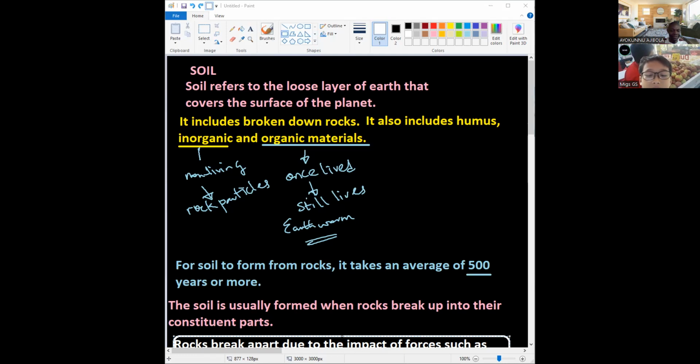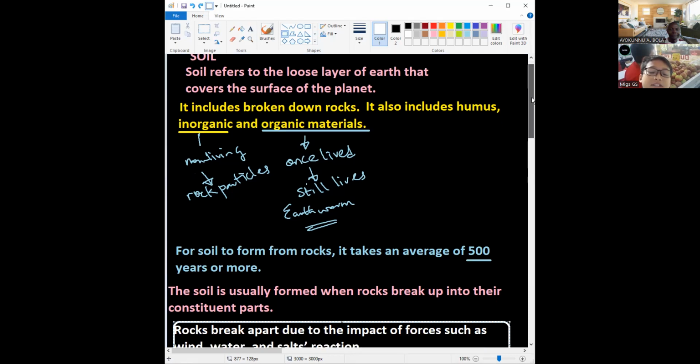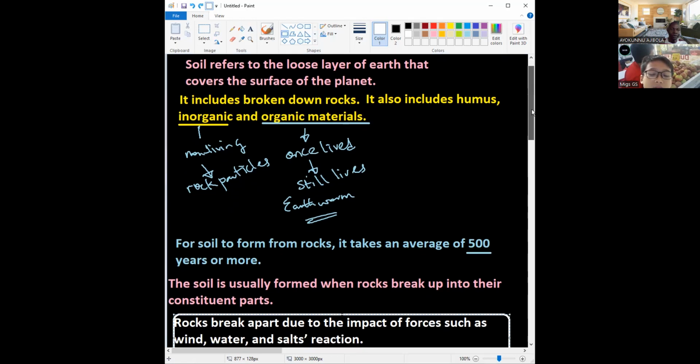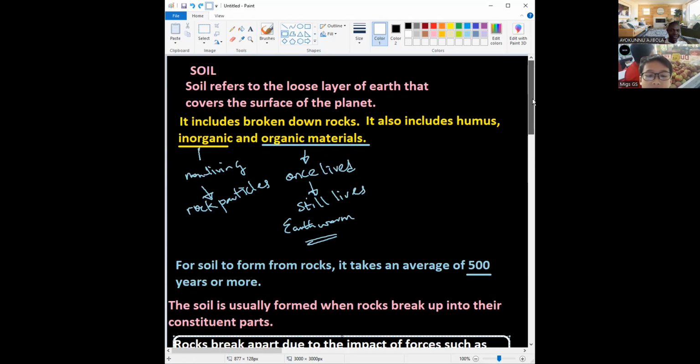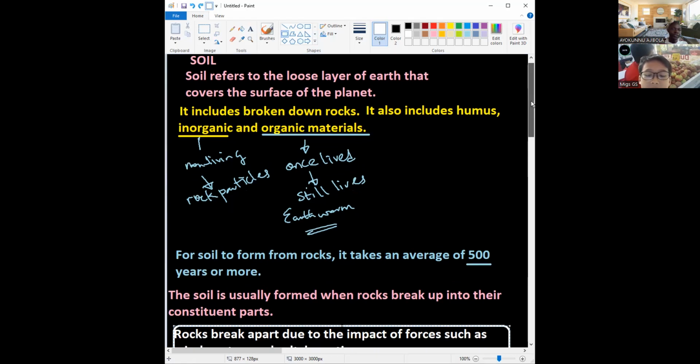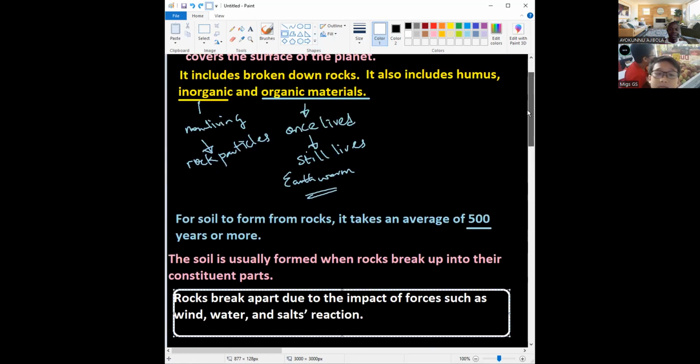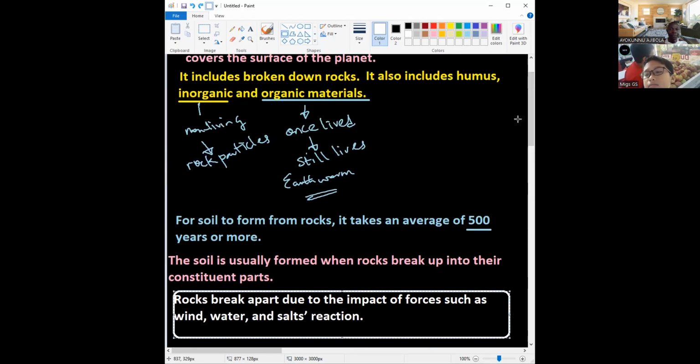Why does soil form from rocks? Because some forces break down the rock, and that process is called weathering. Is that clear? Okay. All right. So I will meet you on Monday by the grace of God.